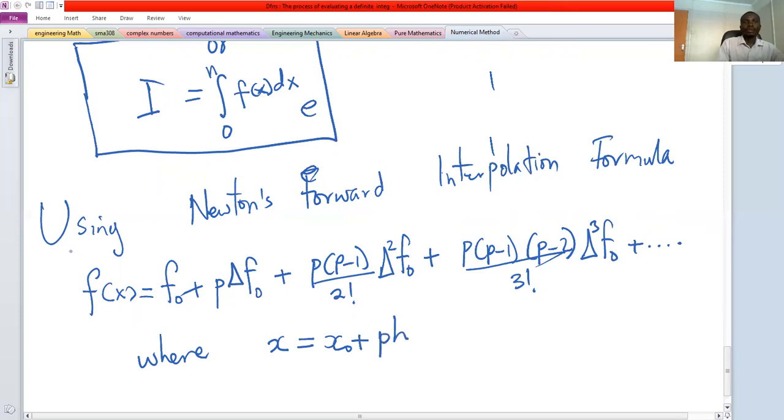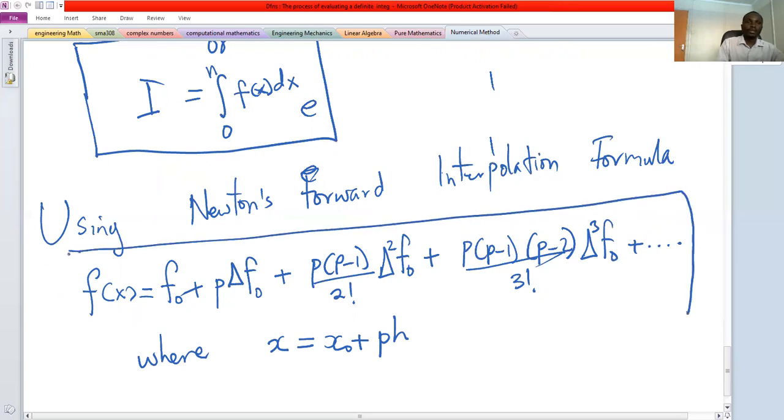This is the Newton forward difference formula or interpolation formula.